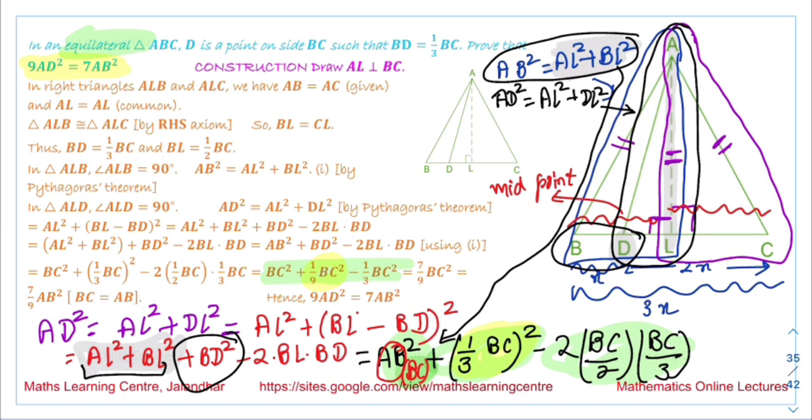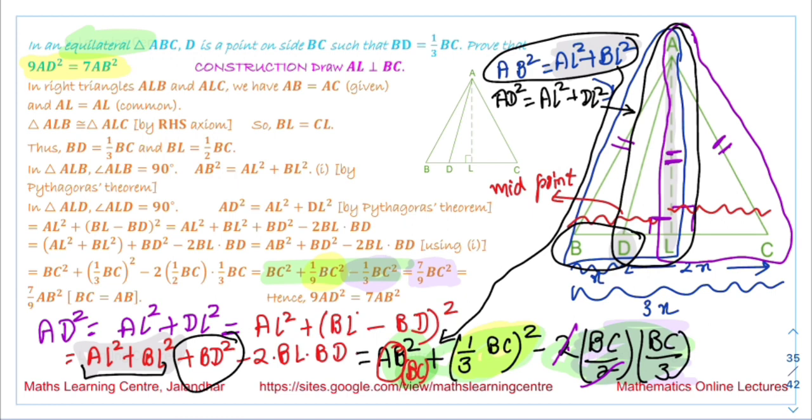From the third term, these two get cancelled, and what we are left with is BC square by 3, that is 1 by 3 BC square. So on solving these values, you will get the final answer as 7 by 9 BC square.